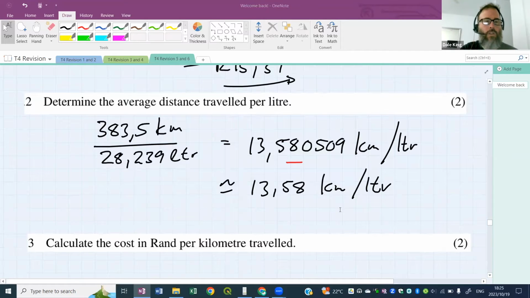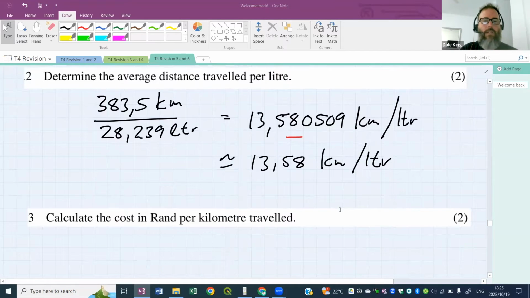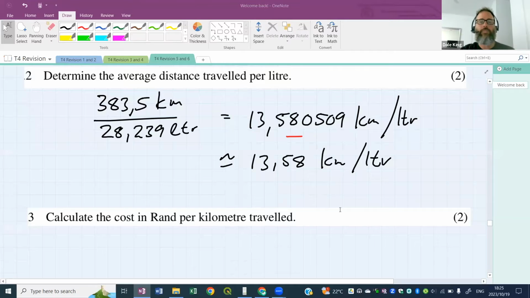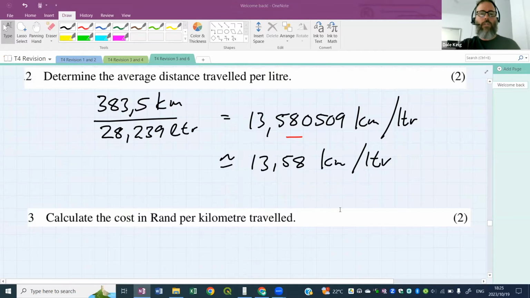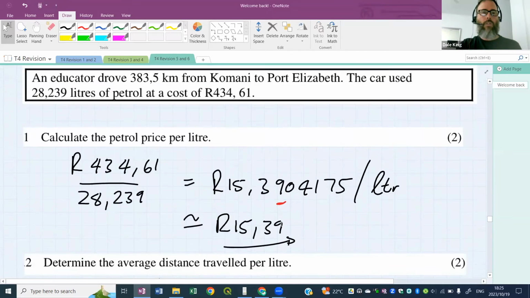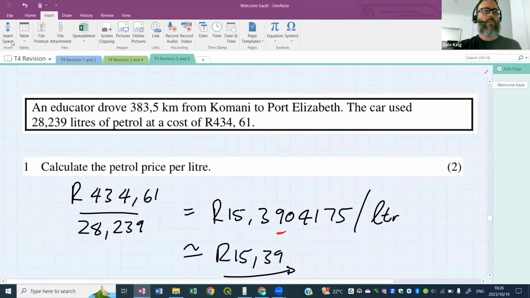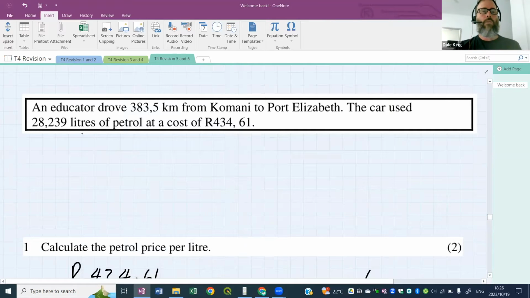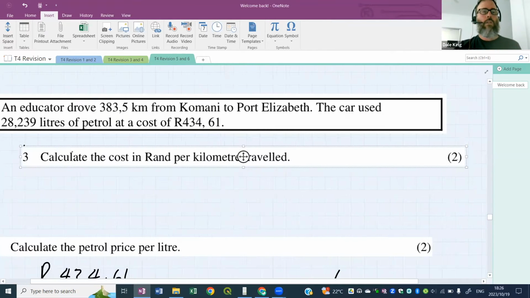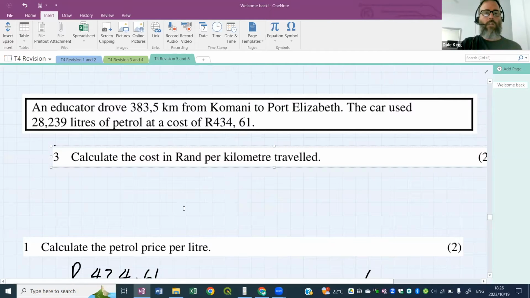All right. Next question. Calculate the cost in rand per kilometer traveled. Calculate the rand cost per kilometer traveled. All right. I'm going to bring this question up here, and I'm going to squeeze it under here so you all can see it. There it is. There's the third question. It's right underneath the context.